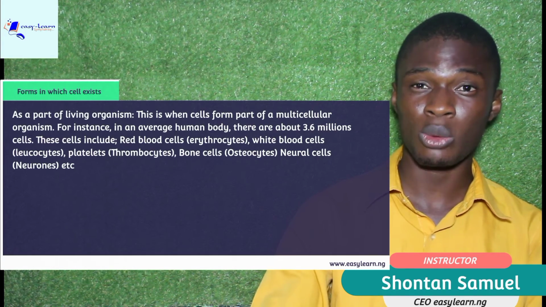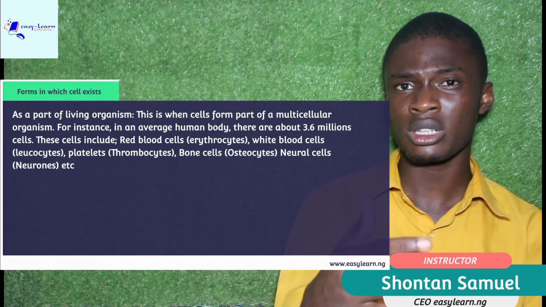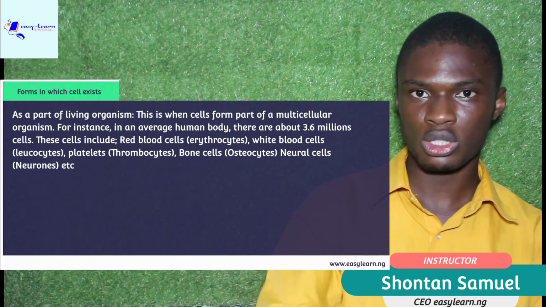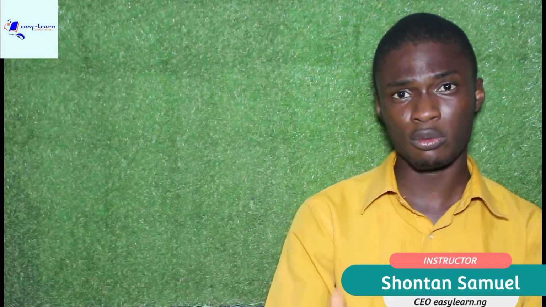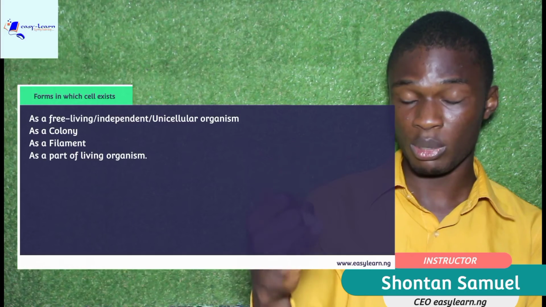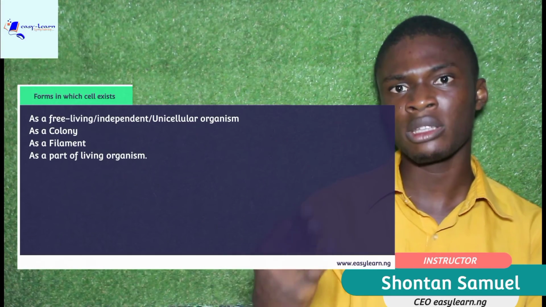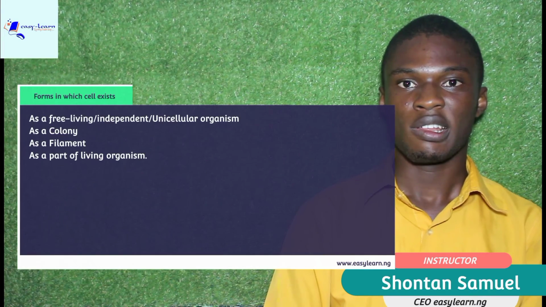In our brains, we have spinal cells, neural cells, and we have cells in the heart and all that. These are cells in multicellular organisms, cells as a part of living organisms. These are the four forms in which cells can exist: as free living or independent cells, which are unicellular organisms, as a colony, as a filament, and as a part of living organisms.